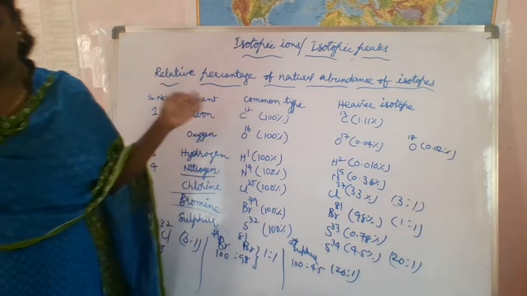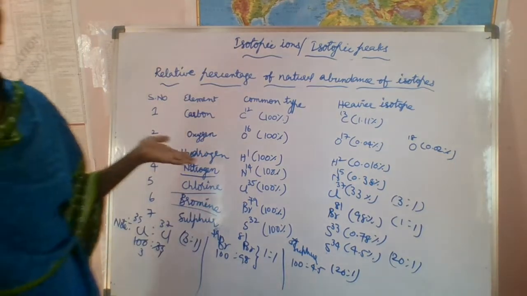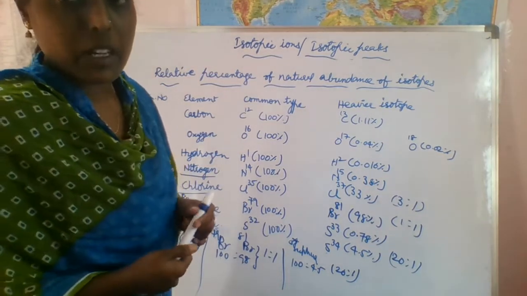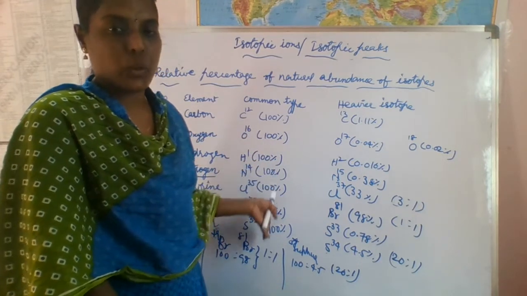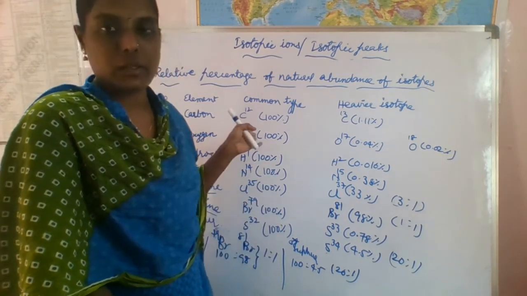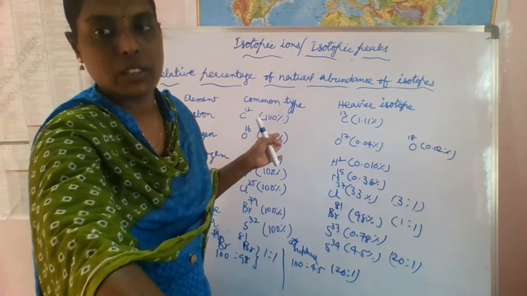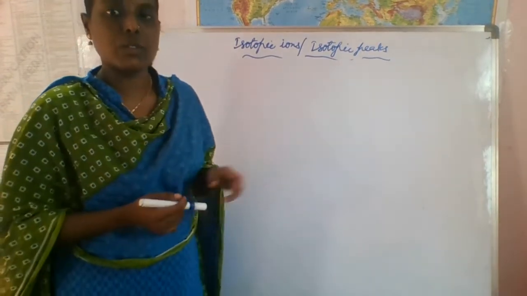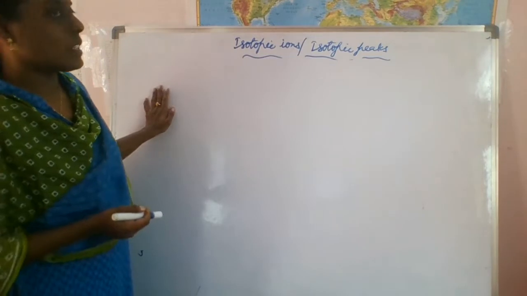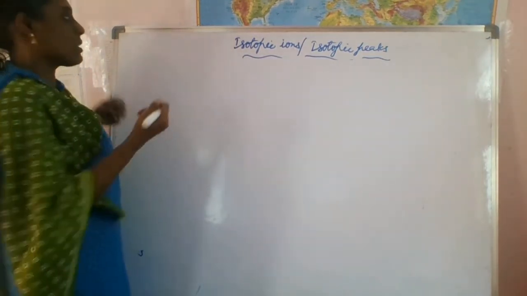So let's see how we can calculate the number of carbon atoms by using the relative abundance of isotopes. Now see this: designation of isotopic peaks.